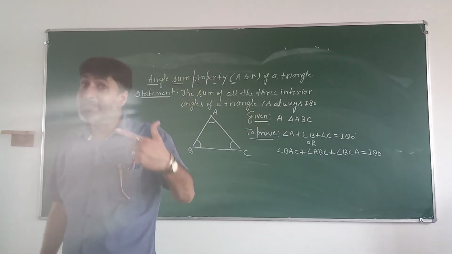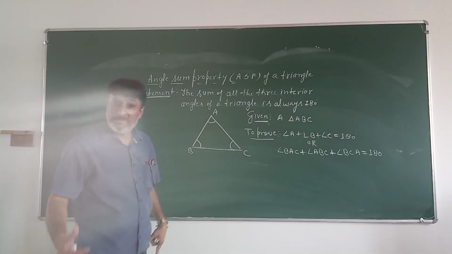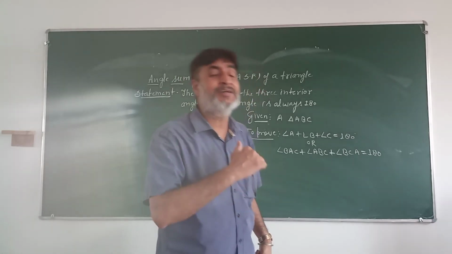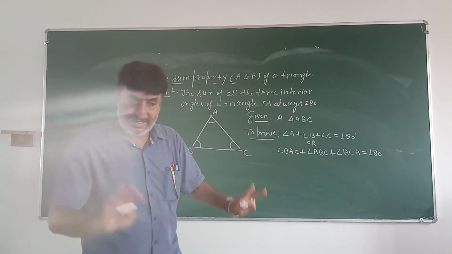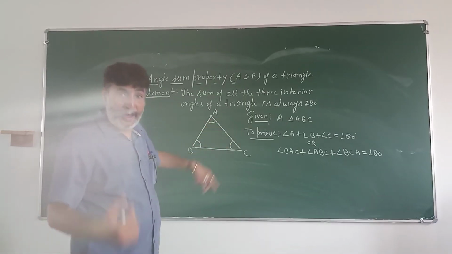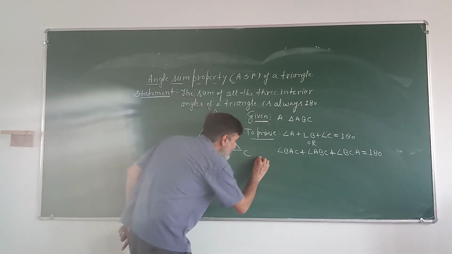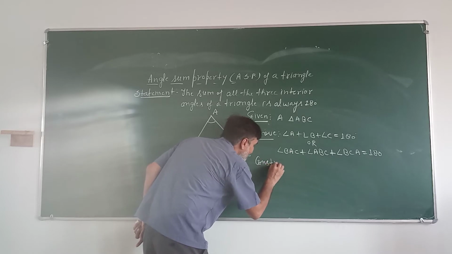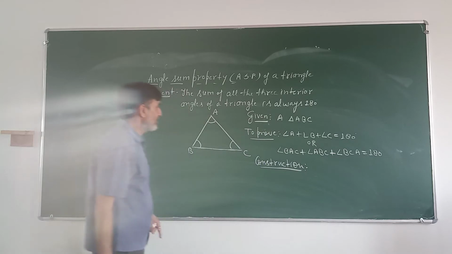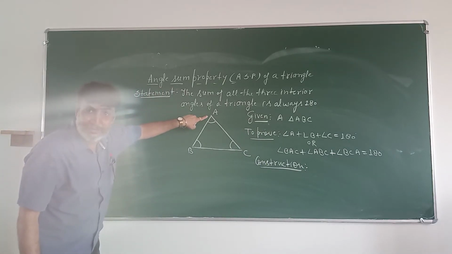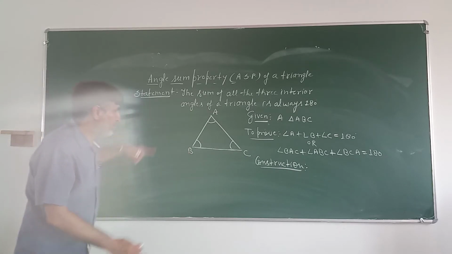Third step, that is the optional step, construction. For proving this theorem, if we require any additional construction, then only we write this step, otherwise we leave this step. In this theorem, we have to do some additional construction. So here we require to write this third step, construction. In construction, through this vertex A, we draw a line parallel to BC.